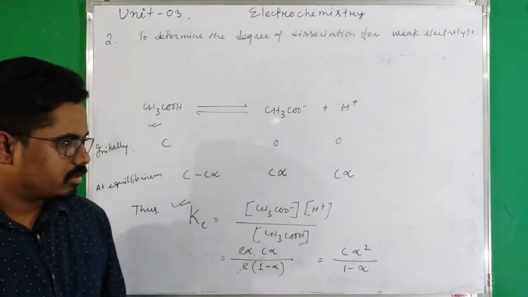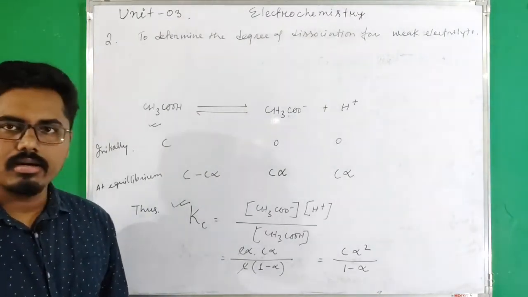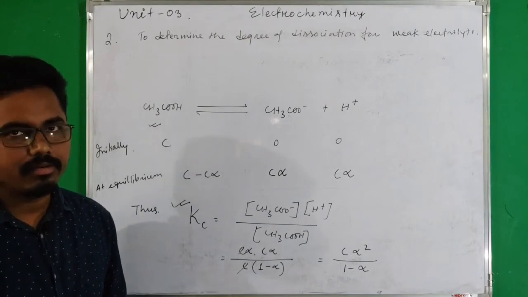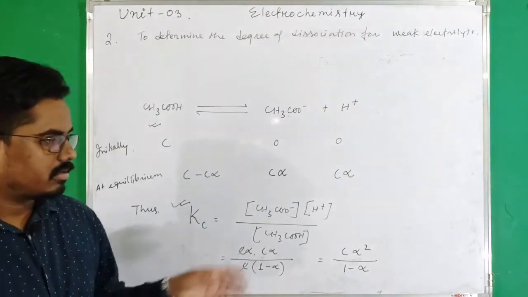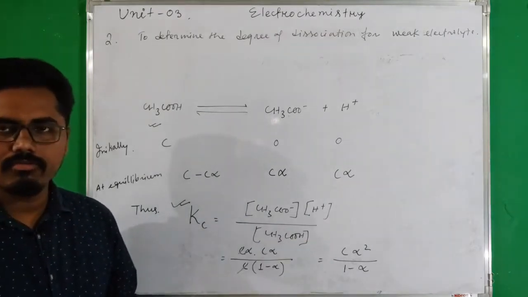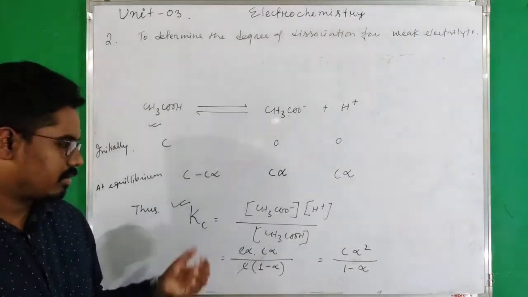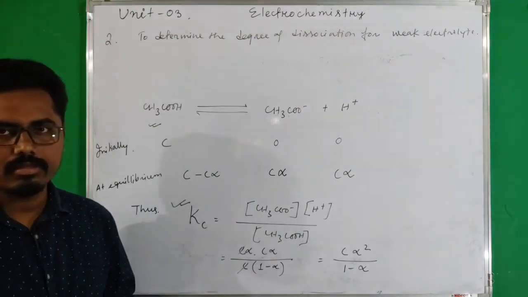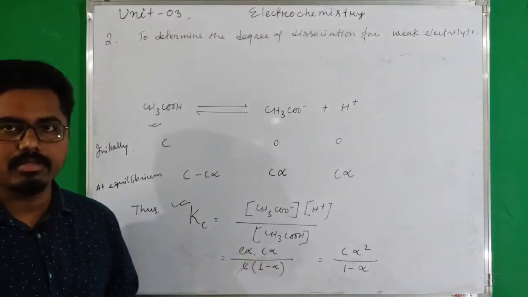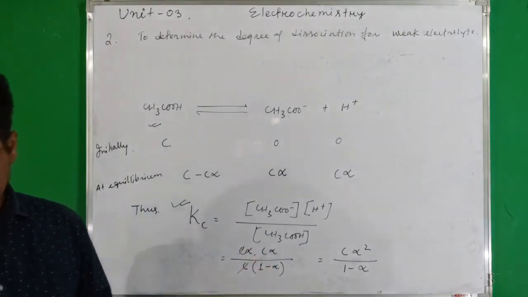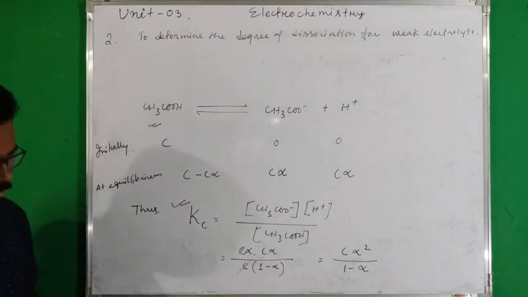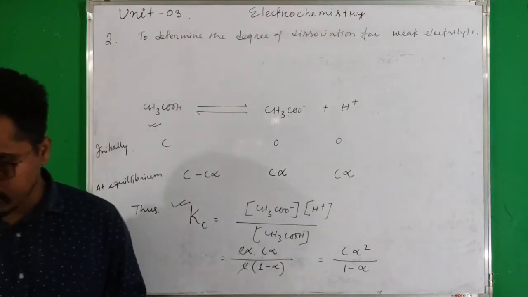The first is to determine the limiting molar conductivity of a weak electrolyte, and the second is to determine the degree of dissociation for a weak electrolyte and then the dissociation constant from the known degree of dissociation.